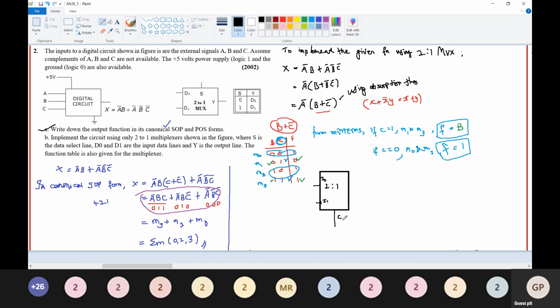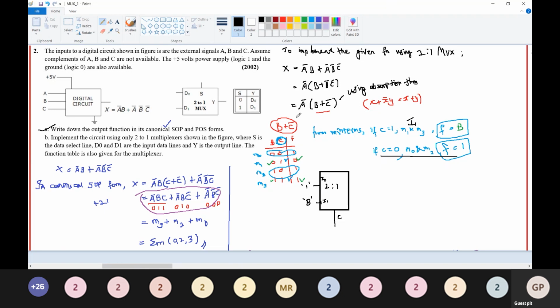When C is equal to 0, F is equal to 1, so you write this as 1. Similarly, when C is equal to 1, I1 is selected, and I1 should be equal to B. This is how you represent B plus C dash as a 2:1 mux.